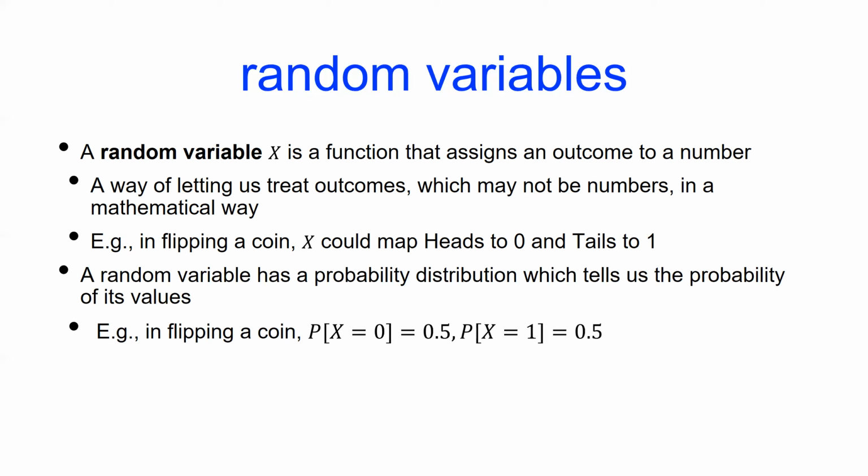So in this case, if we define this random variable X to be a mapping between the outcome of flipping a coin and head or tail, basically 1 or 0, then we can say the probability of X equal to 1 will be 0.5. We assume a fair coin here, so you have equal chance to get head or tail. The probability of X equal to 0 will be 0.5, and the probability of X equal to 1 will be 0.5 also.